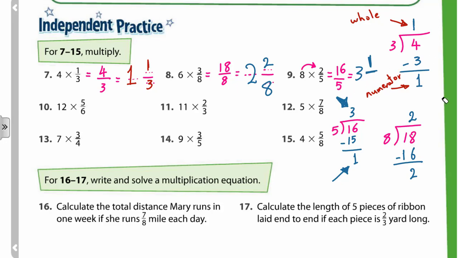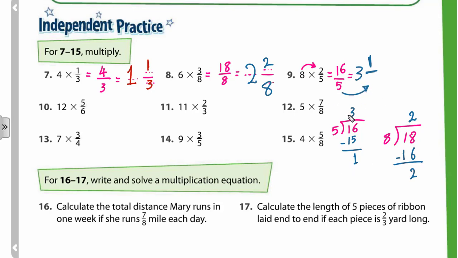And the denominator? 5. So the answer is 16 fifths or 3 and 1/5. Thank you, my hero.